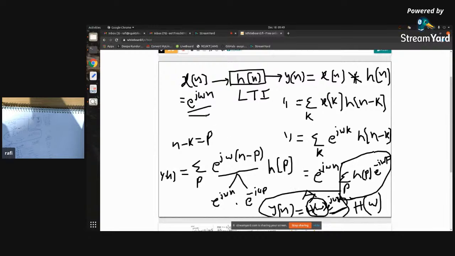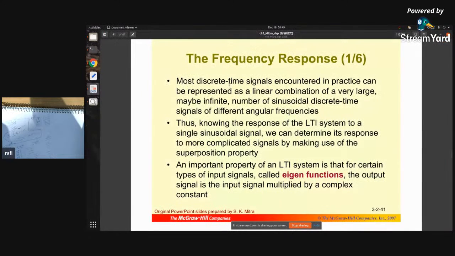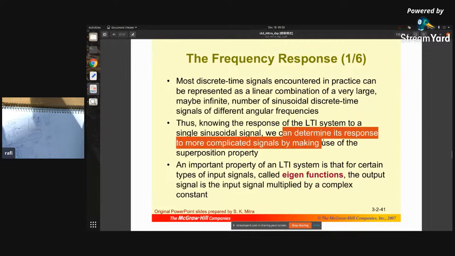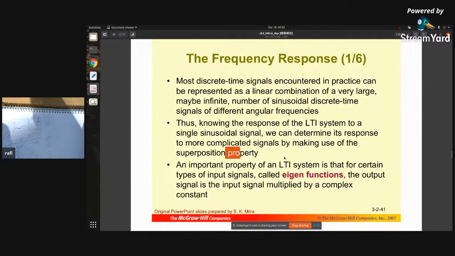Such signals we call eigen functions of a system, an LTI system. So all complex exponentials are eigen functions. That's what is given here. Most discrete time signals are linear combinations of sinusoids, and sinusoids are nothing but complex exponentials. So if you know the response of the LTI system to a single sinusoid, then we can find the response to more complicated signals using the linearity property.